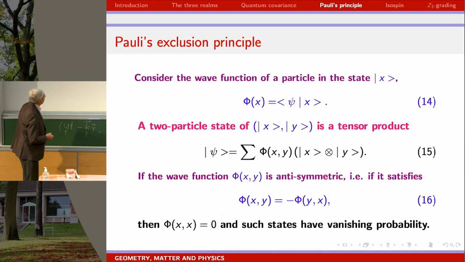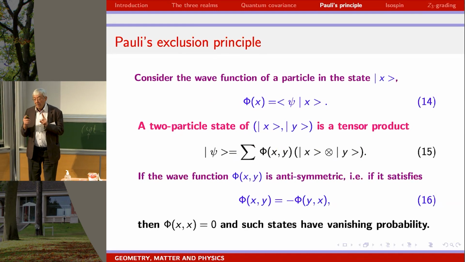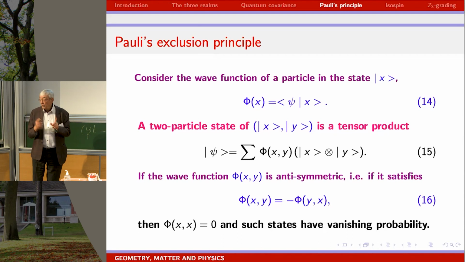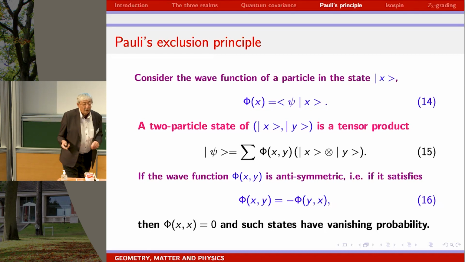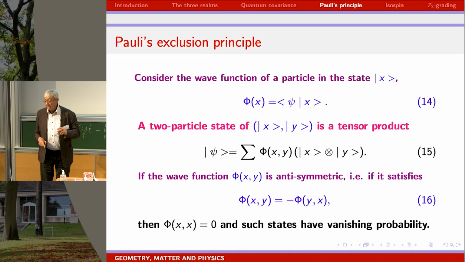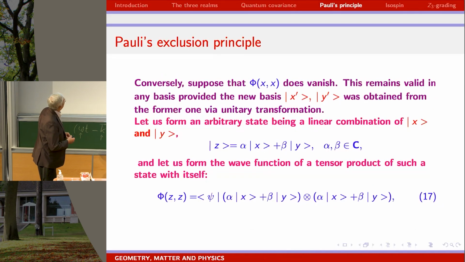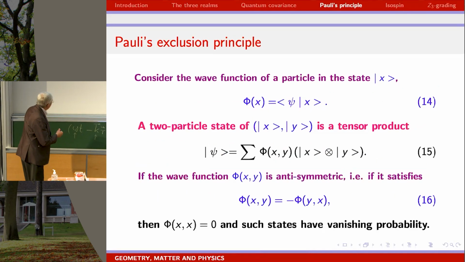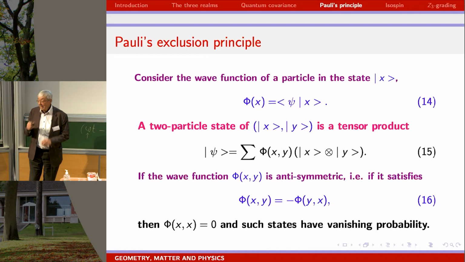What Pauli says, usually they say that this is because the functions that describe the tensor product of two states have to be antisymmetric. Again, this is what is usually said, but the trick is that it comes from the Pauli exclusion principle, which says only that the state cannot be occupied by two things. So instead of saying that antisymmetry is the result, you start from this: that phi x must be 0.